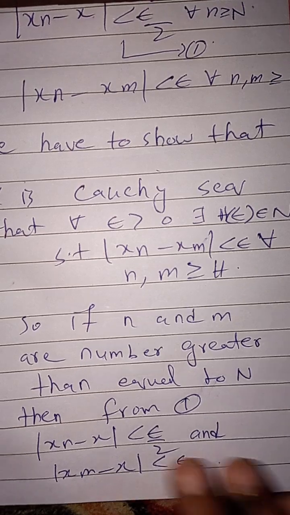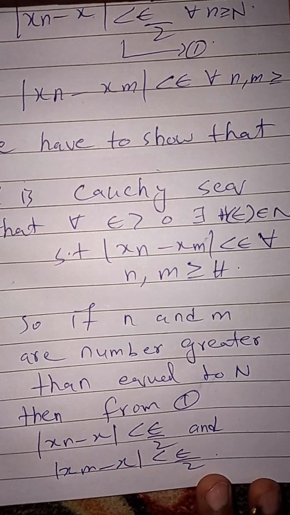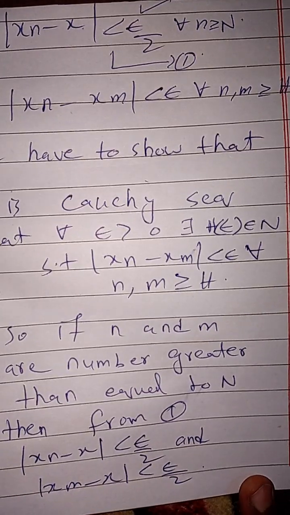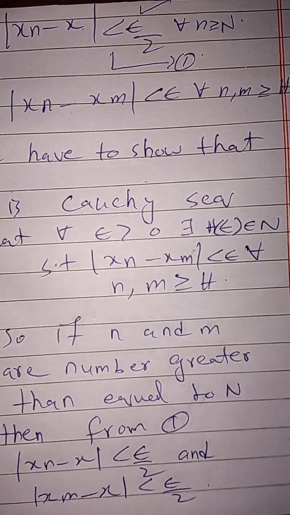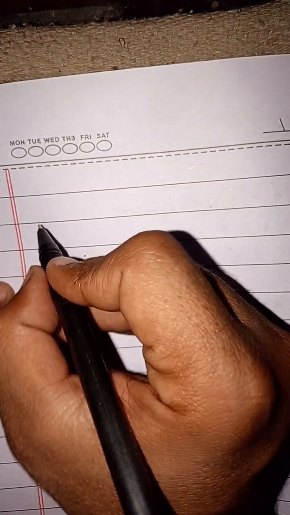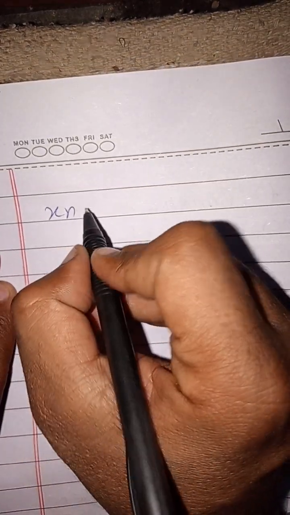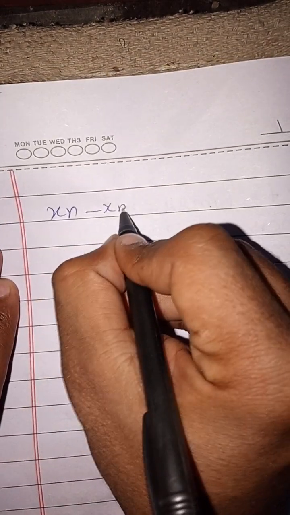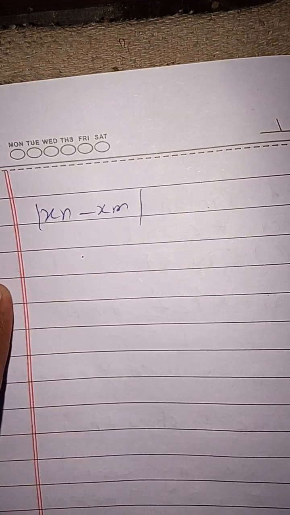Now let's move forward. In the Cauchy sequence, we have to prove that if a sequence is convergent, then it is Cauchy. So to prove Cauchy, we have to show that the distance |xn minus xm| is less than epsilon, any positive number epsilon.